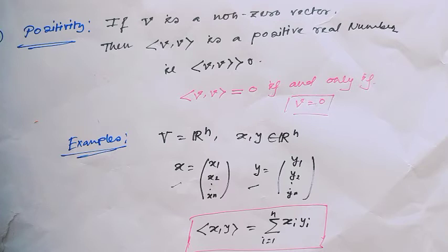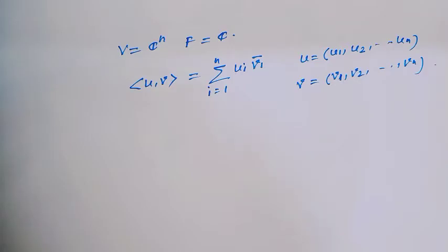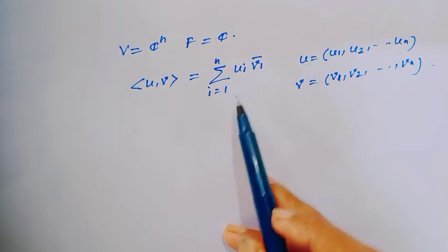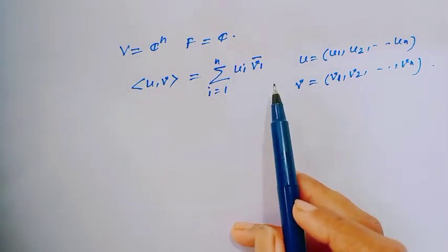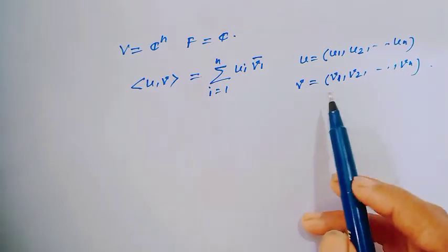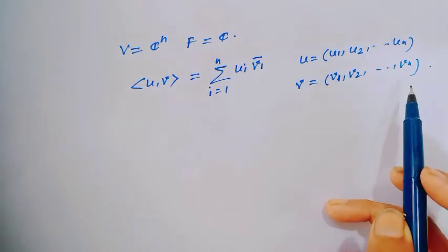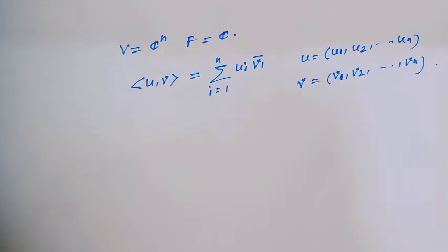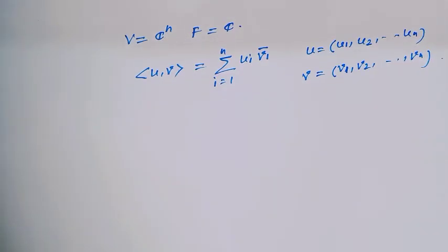Our next example, consider the vector space V equal to complex Cn and F equal to C. Here the inner product is defined as the summation i equal to 1 to n of ui vi bar, where u equals u1, u2 up to un and v equals v1, v2 up to vn. Let's verify, is it an inner product? I will prove this.